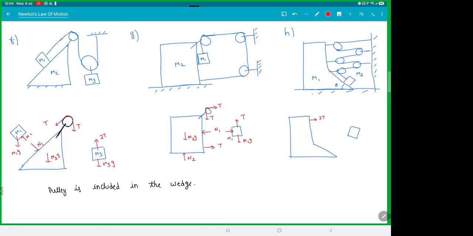So this will be 2T, this will be 2T, and this pulley, if you see, interestingly, this is T and this is T. So you have to draw both. This is N1, this is M1G, and this is a normal reaction N2.